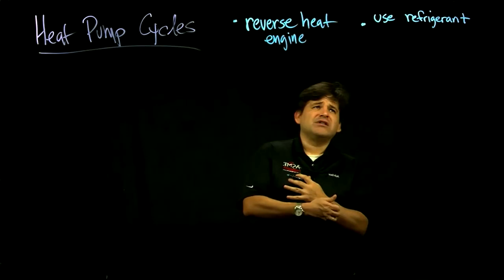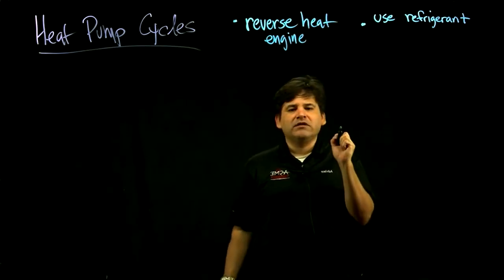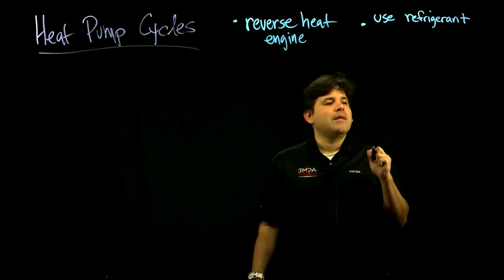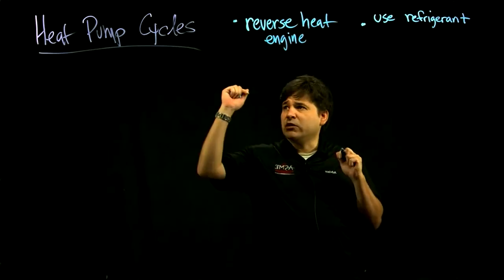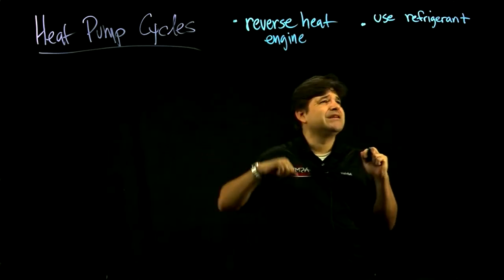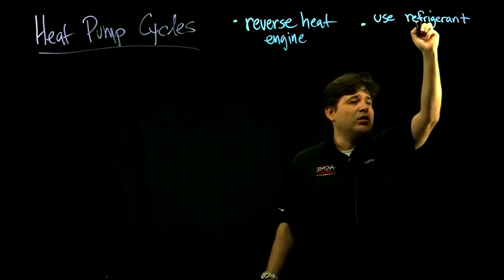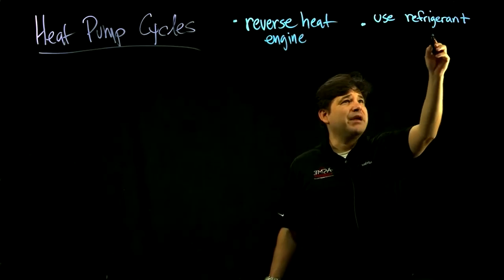Reverse heat engines are similar in that you need a working fluid and it operates in a closed cycle. The unique thing about these reverse heat engines is that you need a special molecule that can reach low temperatures upon expansion.